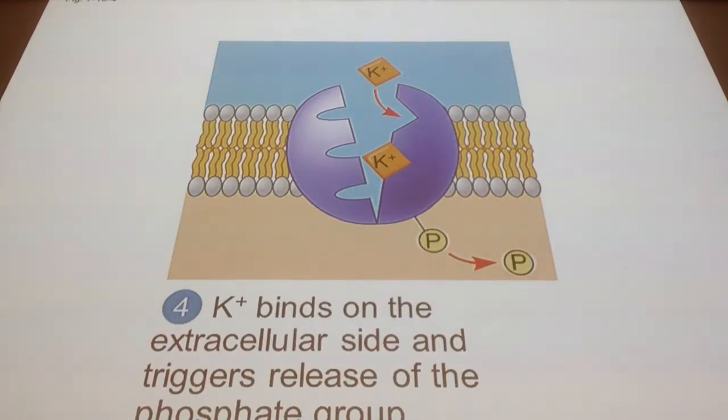So that's what happens. When the potassium ions bind, that causes conformational change of the entire pump, which causes dephosphorylation, or the removal of the phosphate group, carried out by an enzyme called a phosphatase. So a kinase catalyzes phosphorylation, and a phosphatase catalyzes dephosphorylation.